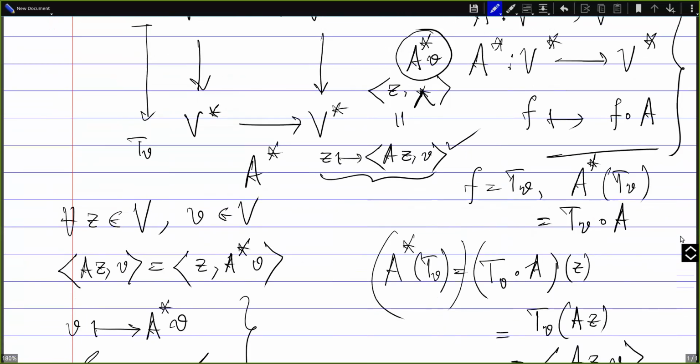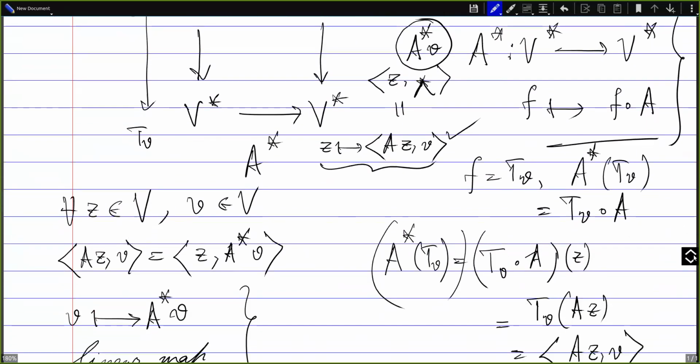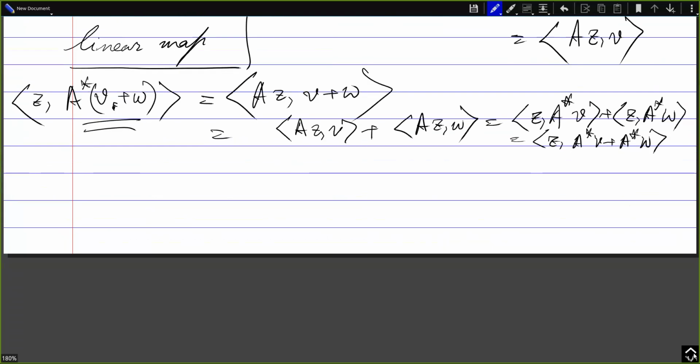Once we establish that, in this context, when we have a Hermitian inner product, we make the following simplification.